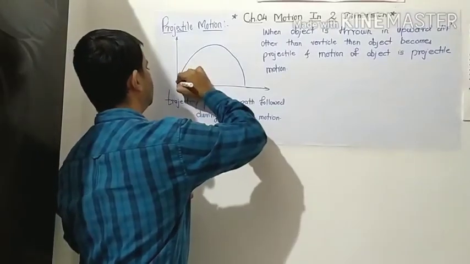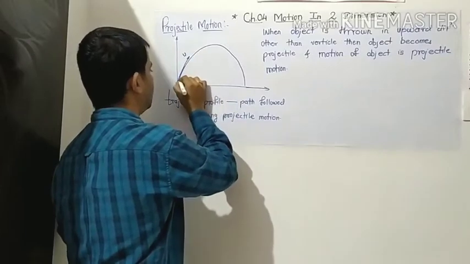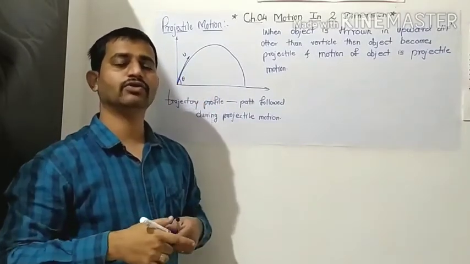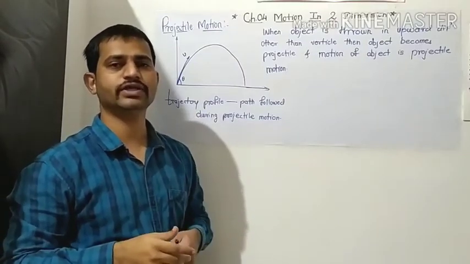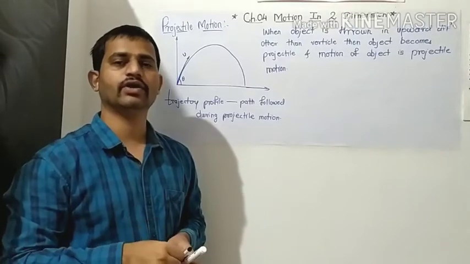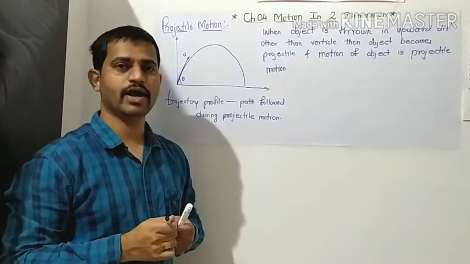This is the initial velocity u, and this is the angle made by the object with respect to the horizontal. To resolve this resultant velocity, we assume its components in the x direction and the y direction.